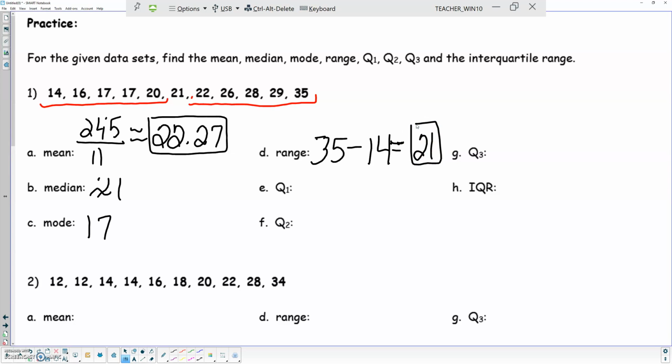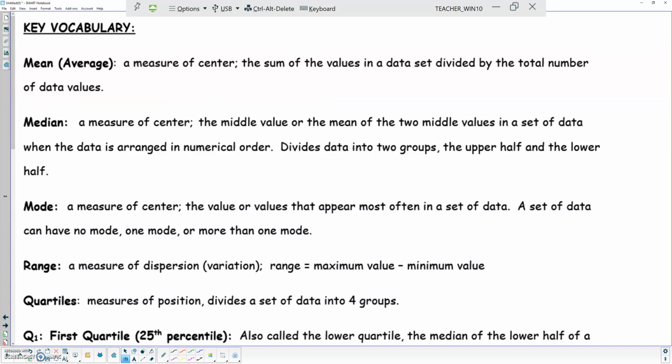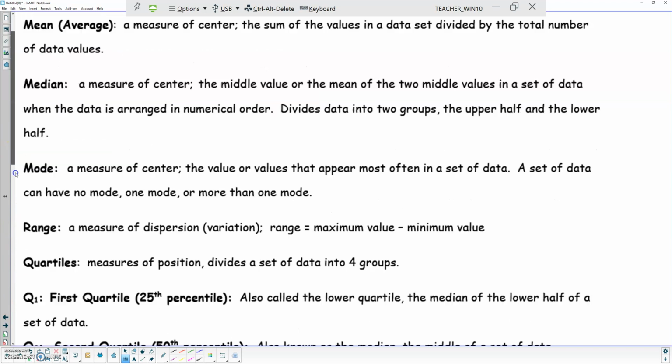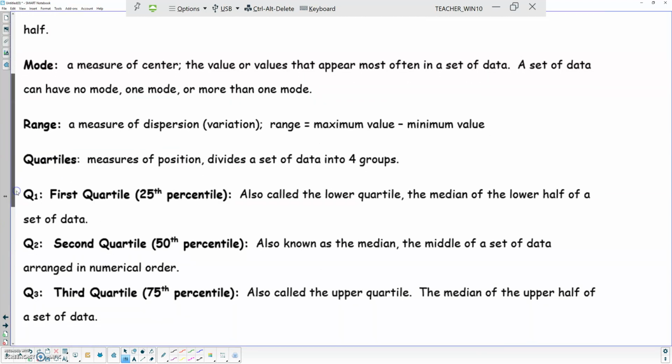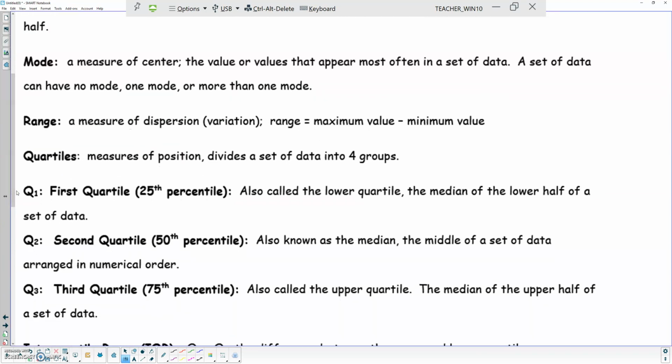Okay. So now the next thing we have to talk about is quartiles. So let's go back to that second page with our vocab. So quartiles are measures of position, and they divide a set of data into 4 groups. Q1 is the first quartile, or the 25th percentile. It's the median for the lower half of the data set. Q2, or the second quartile, is the median.